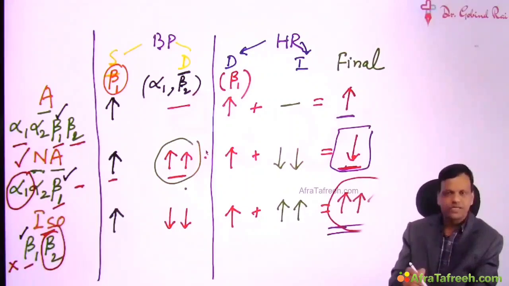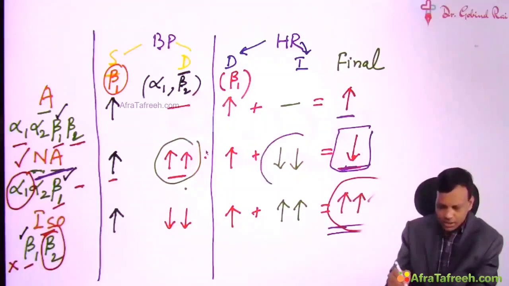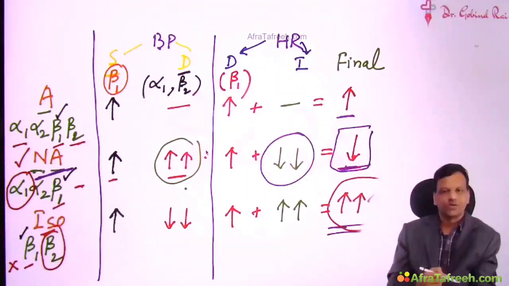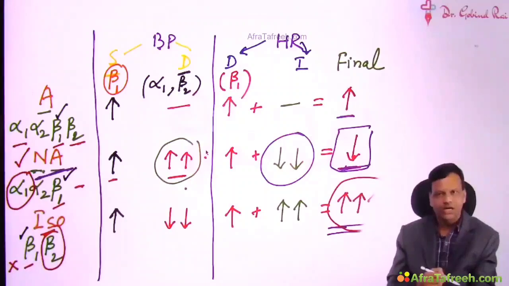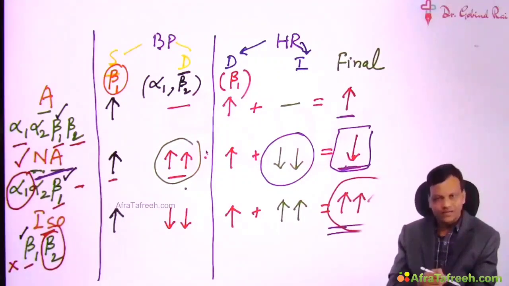At that time, we were simply thinking like noradrenaline is a sympathetic drug, so it should cause tachycardia. But what is actually happening is, noradrenaline is a sympathetic drug, but it is causing bradycardia because the indirect effect is very strong. So remember, noradrenaline does not cause tachycardia, it causes bradycardia.